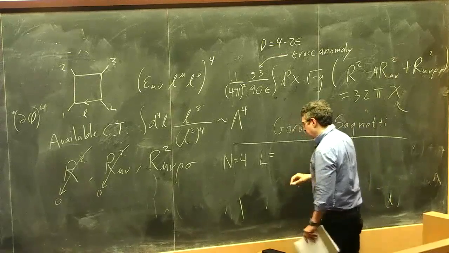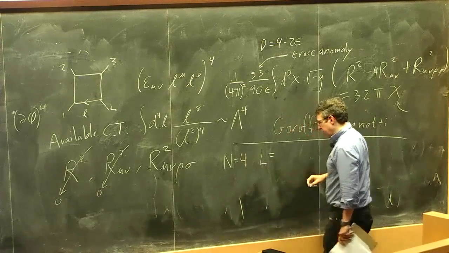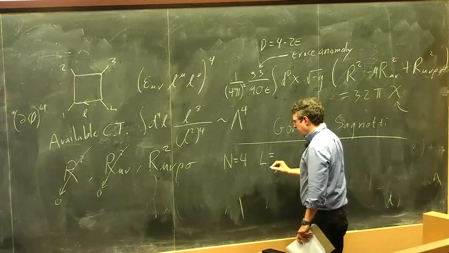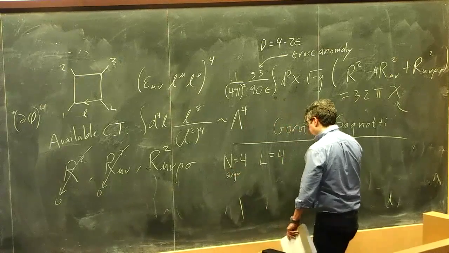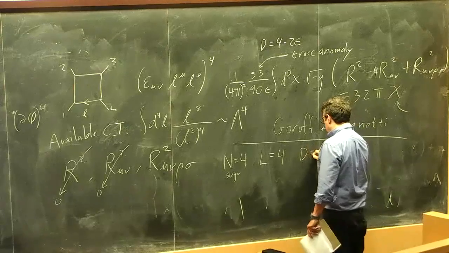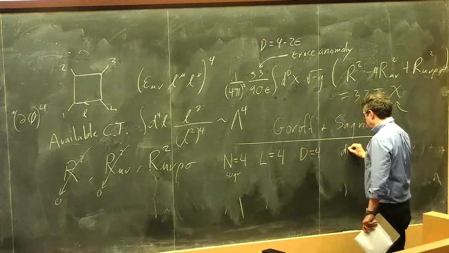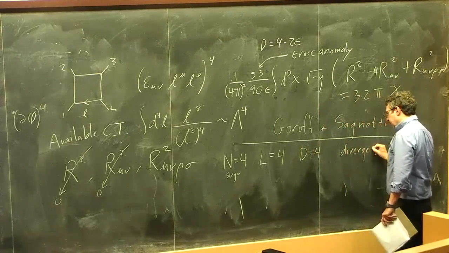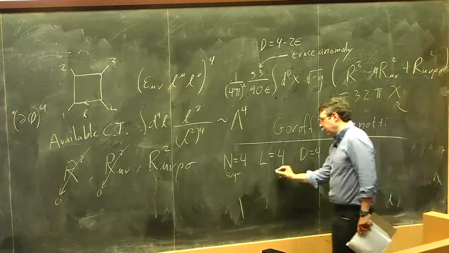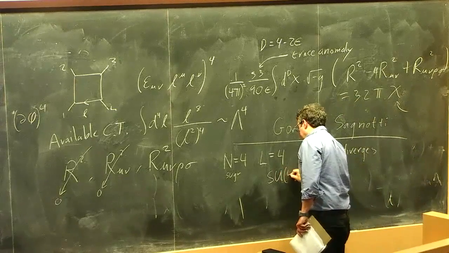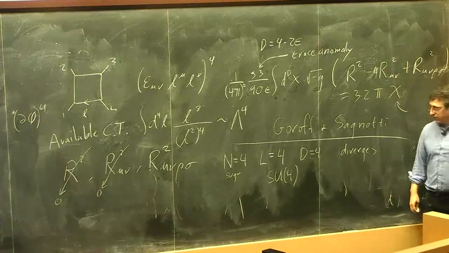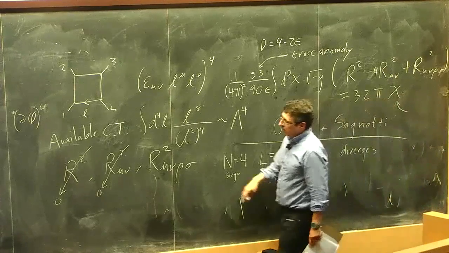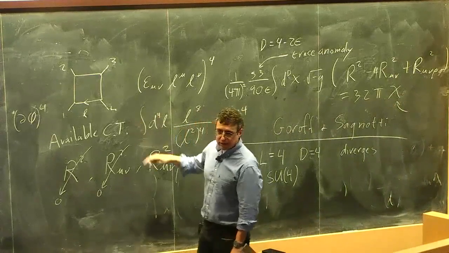The other place that this is interesting: if you look at N equals 4 supergravity, and you look at 4 loops, there is a divergence at D equals 4. But this was in a particular way of doing it. We had manifest SU(4) symmetry. There's other ways of doing supergravity, again these duality transformations.